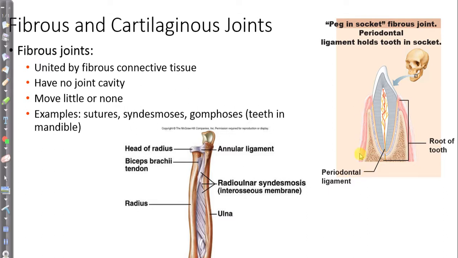The gingiva, the gum, is going to be protecting the alveolar processes where, well, hard to show here, where the actual tooth fits into that socket. These periodontal ligaments are going to hold the alveolar processes to the alveolar bone. In other words, we have a peg, the tooth, in a socket.